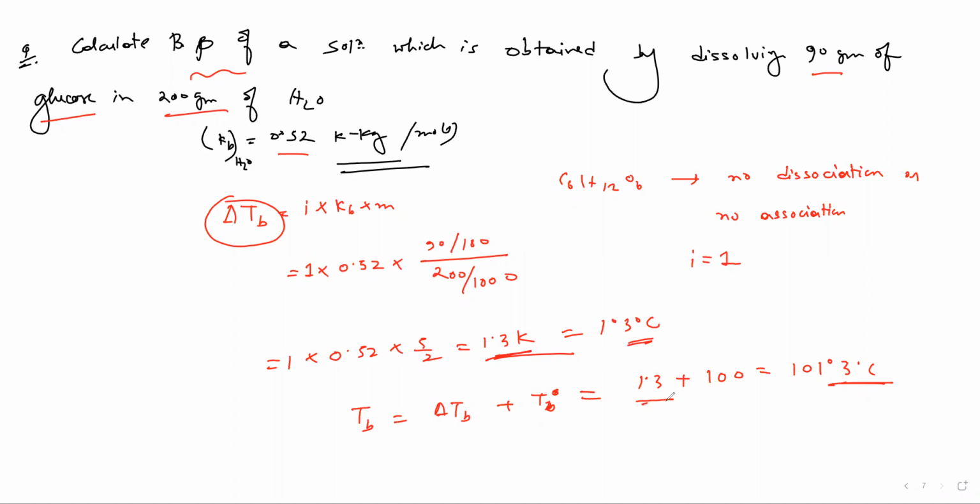If you write centigrade here, then you have to add 100. If you write Kelvin, then this value becomes 374.3 Kelvin. Is it clear?